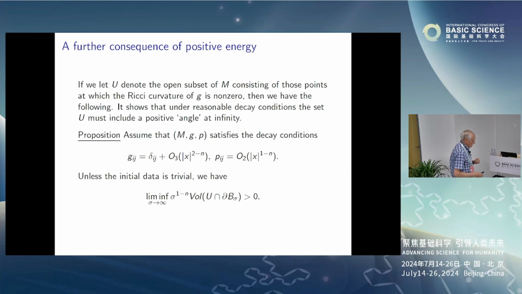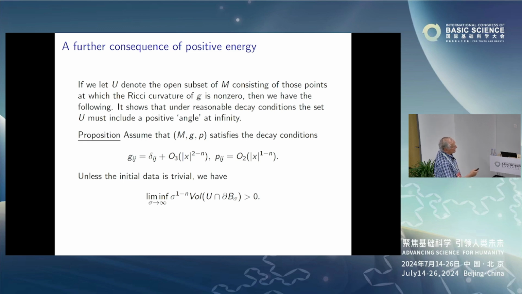If you look more carefully at the positive energy theorem, it has a more quantitative description of how large the set of points where the data is trivial could be. In 3 dimensions, Ricci flat implies flat, but in higher dimensions, Ricci flat is a weaker condition.